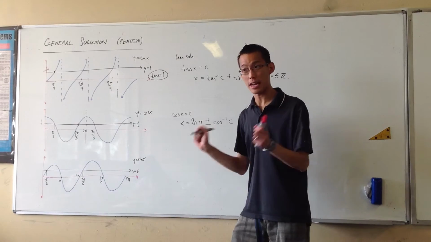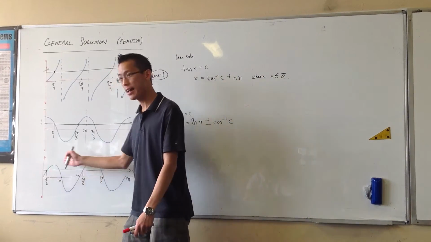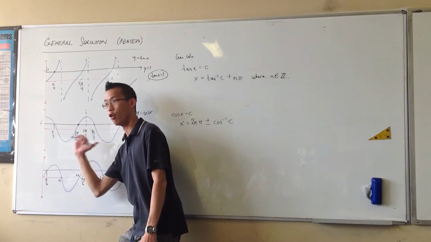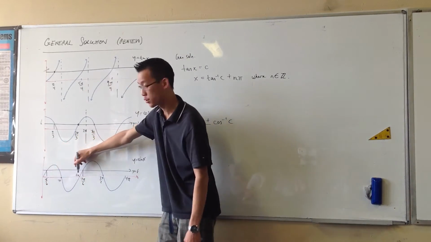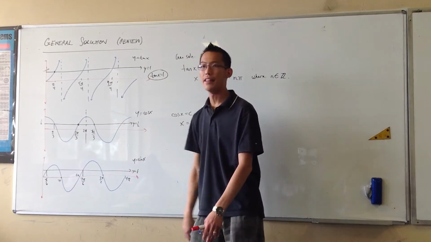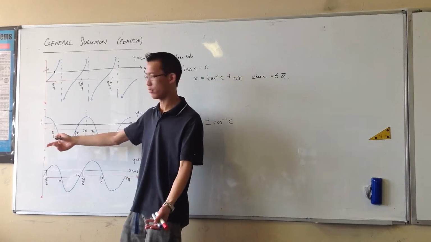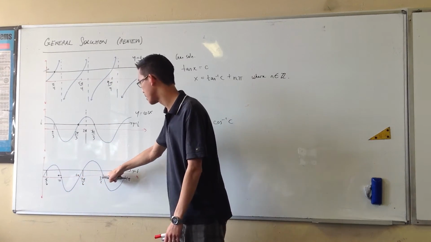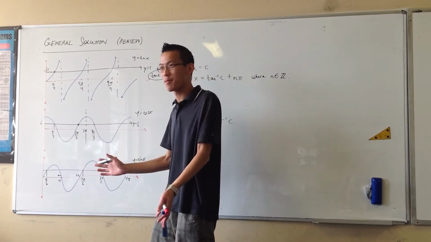What I need to do is take my base angle, and for even lots of pi, like 0 pi and 2 pi and 4 pi, for even lots I go forward the base angle. So that's why from 0 I go forward, from 2 pi I go forward. If I wanted to keep going for 4 pi, I would go forward. And then for odd lots of pi, I have to go backwards. Same base angle, but you go backwards here to get 5 pi on 6. You go backwards here to get, I don't know what you get, but you get the idea. Odd lots of pi, I'm going backwards.